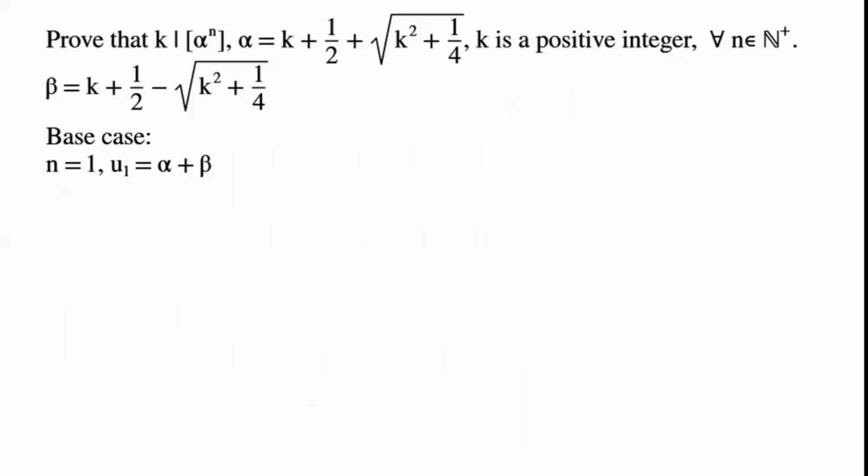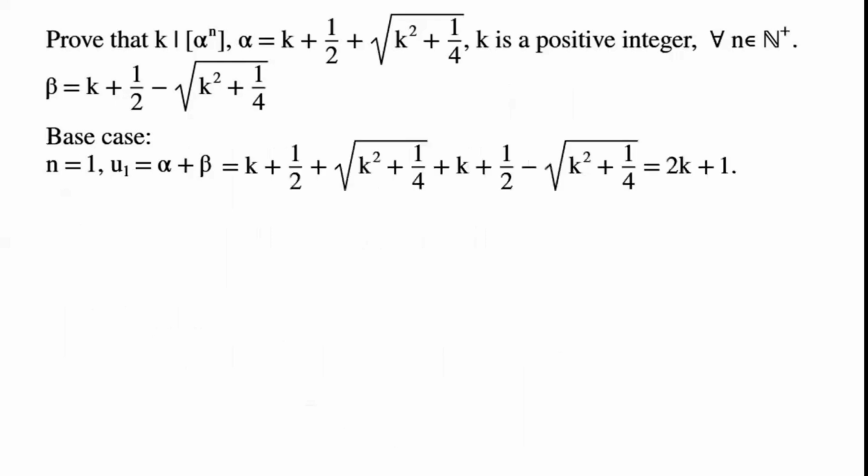Base case, n equals 1, u1 equals alpha plus beta, which is equal to k plus a half plus root of k squared plus a quarter plus k plus a half minus root of k squared plus a quarter, equals 2k plus 1.